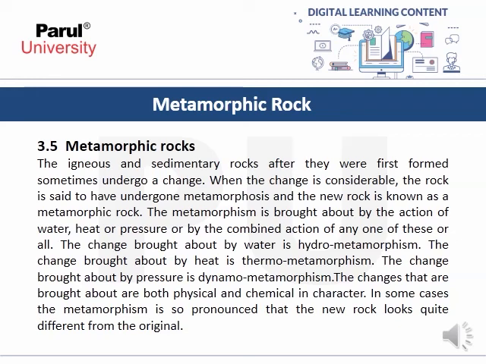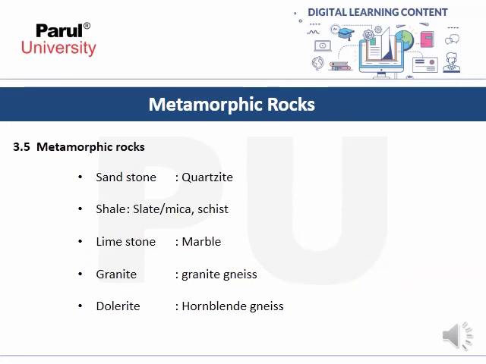In some cases, the metamorphism is so pronounced that the new rock looks quite different from the original. Then it is a metamorphic rock. Examples: sandstone to quartzite, shale to slate, mica to schist, limestone converted to marble, granite converted to gneiss, and dolerite converted to hornblende gneiss.